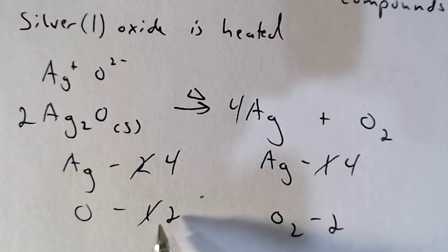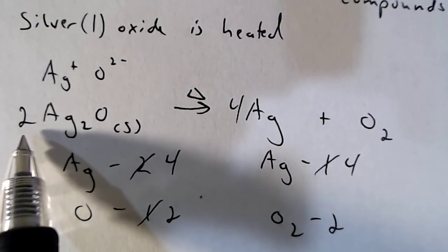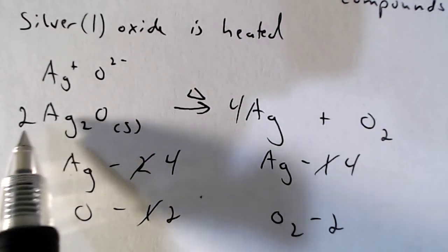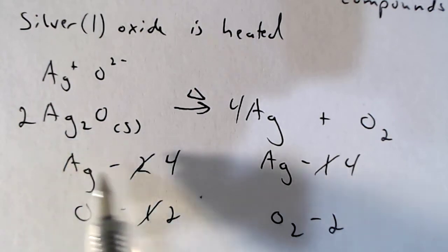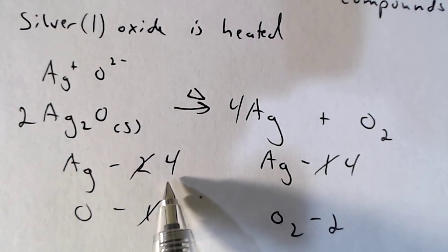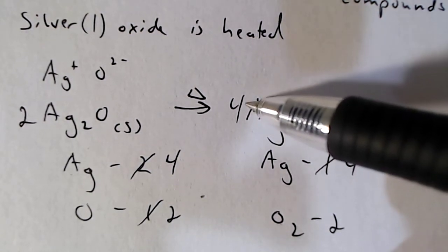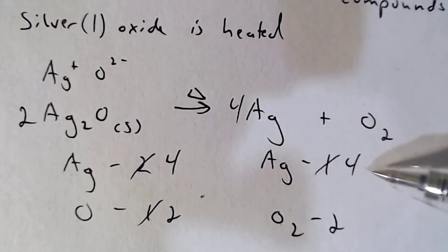But also, this is going to change the number of silver atoms. Each Ag2O had 2 silvers, but now you have 2 of them, so you have 2 times 2, or 4 silver atoms. So to make sure that you have the same number of silver atoms on the other side, put a 4 in front there, and now, boom, there you are.